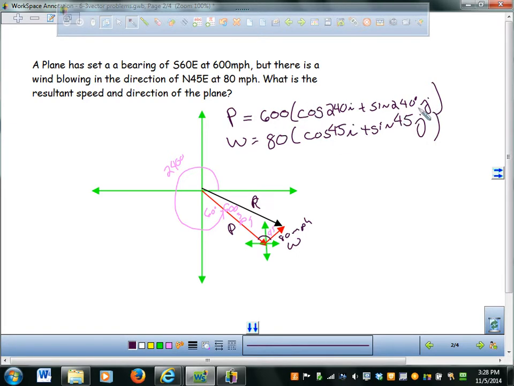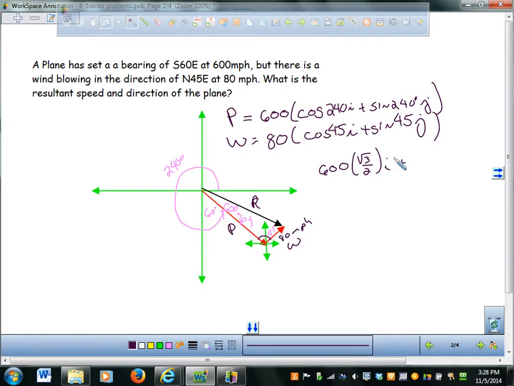So now we're going to use the distributive property here, and we're going to simplify cosine of 240, times 600. Cosine of 240 would put me 60 degrees past there, so that means that the reference angle would be 30 degrees, so that means it's root of 3 over 2 positive.